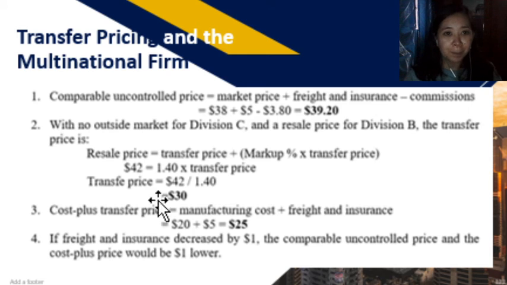We have the resale price of $42, minus the markup percentage times the transfer price. In this case, the markup is 40%, so that's 1.40. Based on the resale price, the transfer price will now become $30. So you just get the markup based on the transfer price.